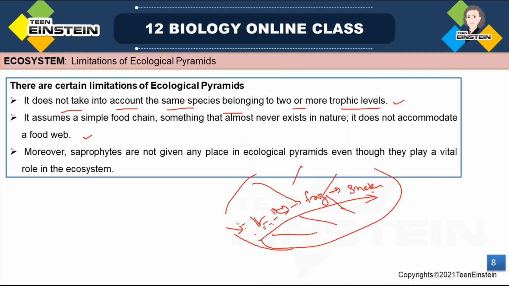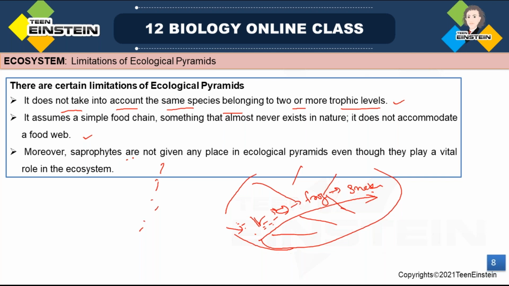Next point is saprophytes, decomposers, microbes, and detritivores. They are not given any place in the ecological pyramid. We are talking about primary producers, then primary consumers, secondary consumers, tertiary consumers.